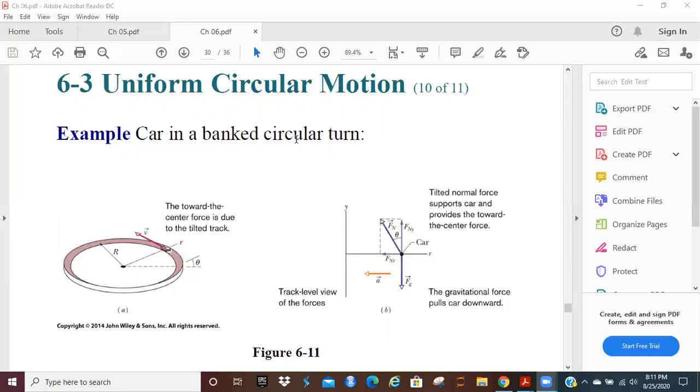So we've got a car in a banked circular turn. We've got our radius. We've got the velocity of the car here. We've got tilted normal force supporting the car and provides the towards the center force we're seeing here. And so the gravitational force pulls the car down, and the acceleration is going to be inwards.